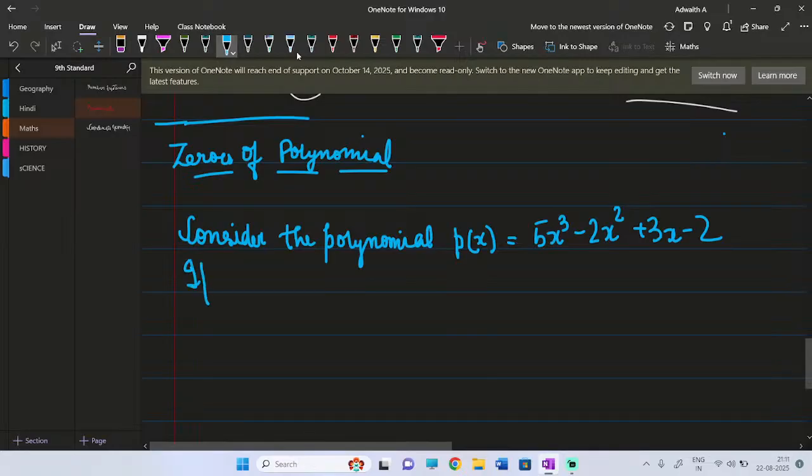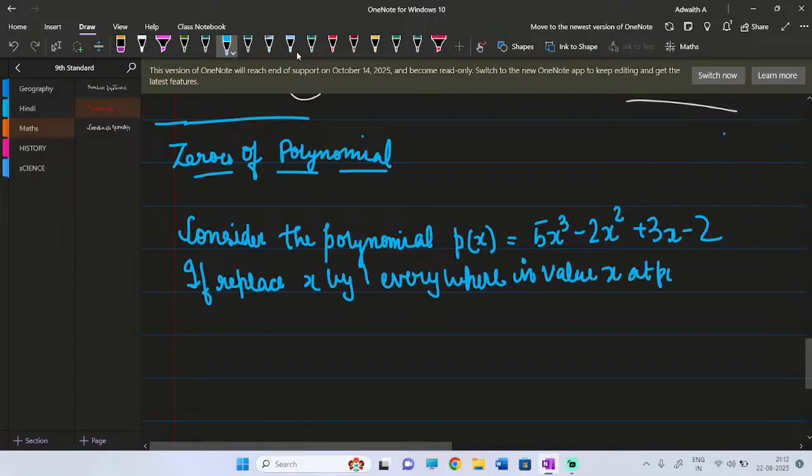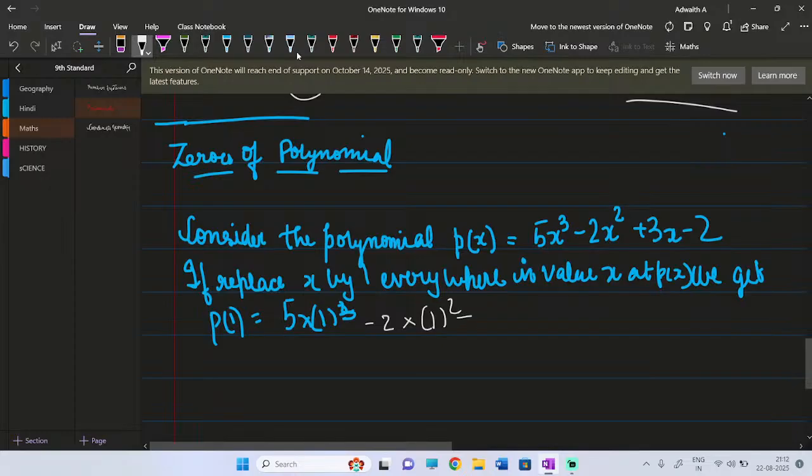So if we replace x by 1 everywhere in P of x, we get P of 1 equal to 5 into 1 cube minus 2 into 1 square plus 3 into 1 minus 2.